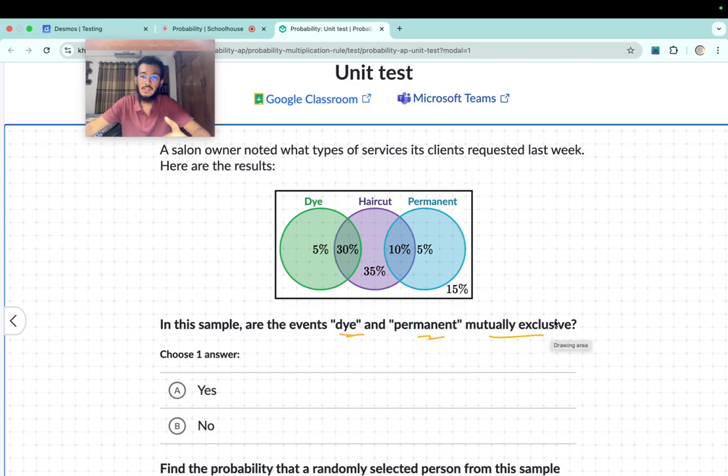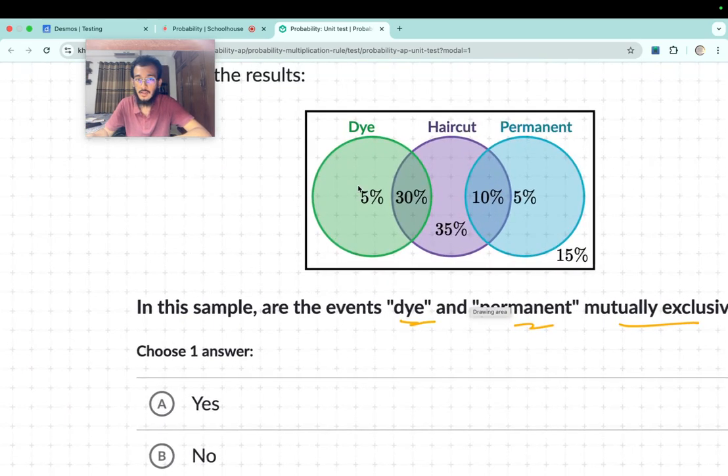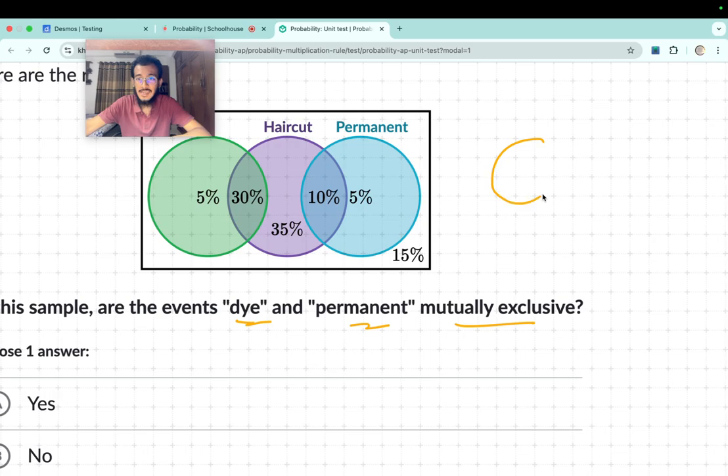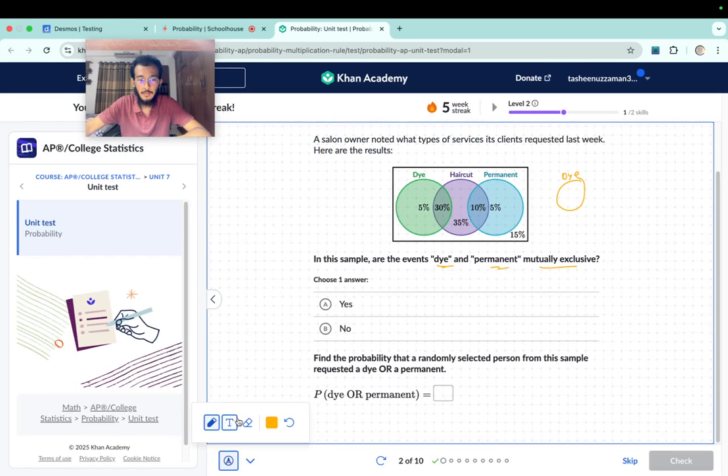Mutually exclusive refers to the situation where if you have one, you cannot have the other. So if you have dye, you cannot have permanent, which is in accordance with this. It shows that there isn't any intersection between the Venn diagram dye and the Venn diagram permanent.